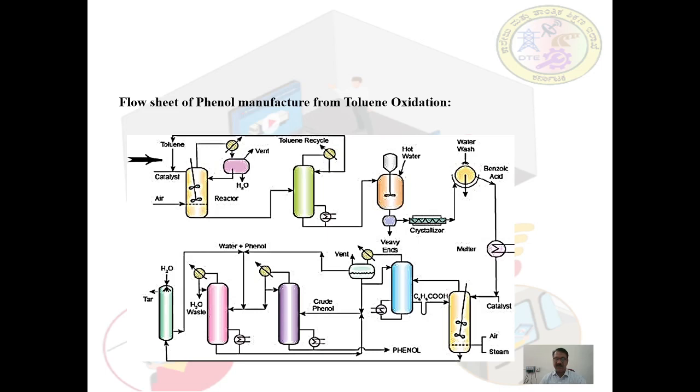The crude phenol is fed to a fractionator to obtain purified phenol as bottom product and phenol water mixture as a top product. The top product here is an azeotrope.